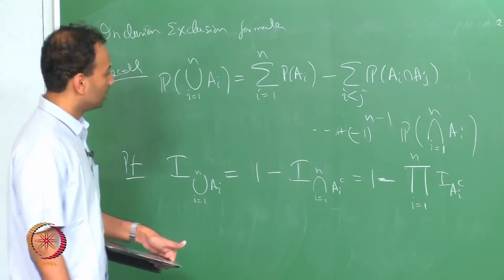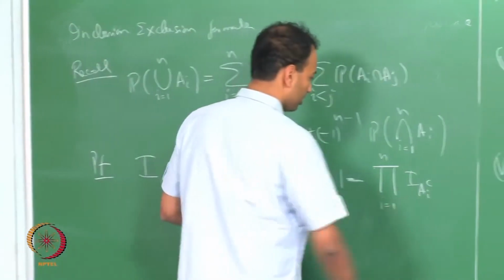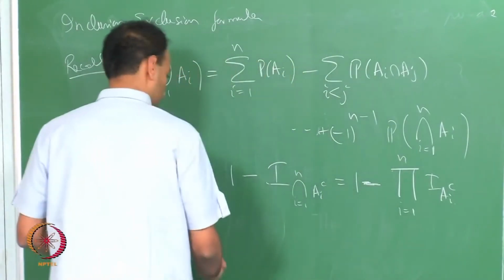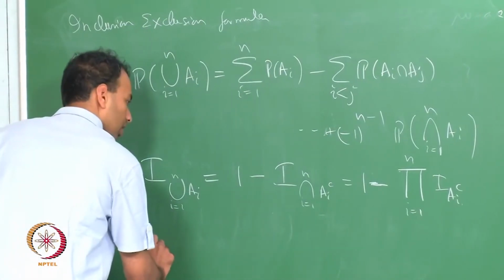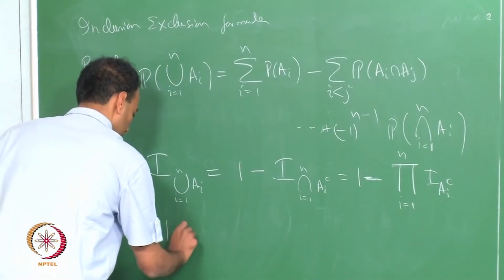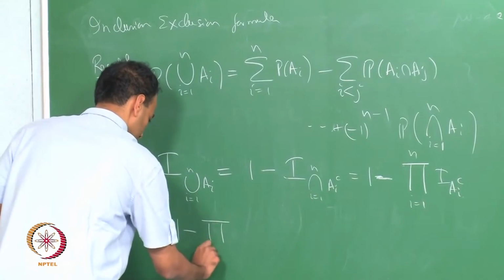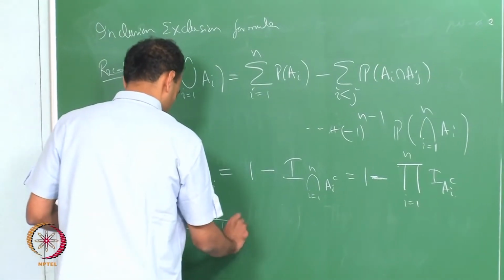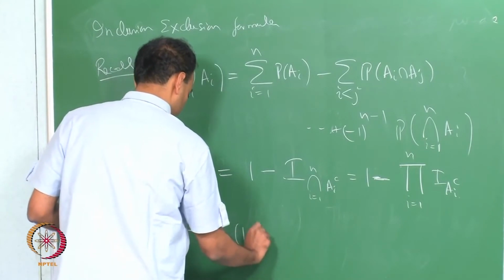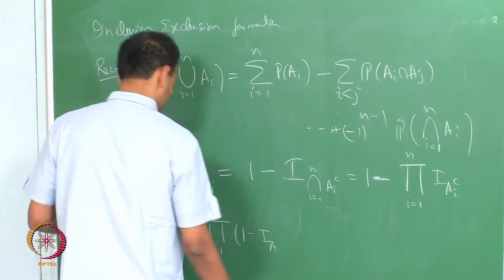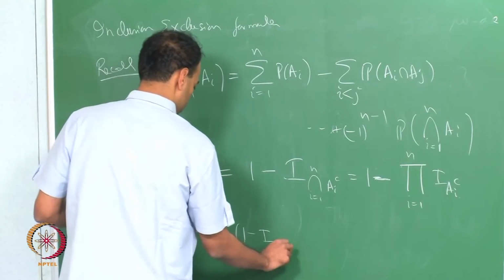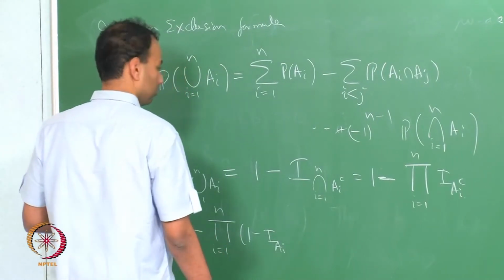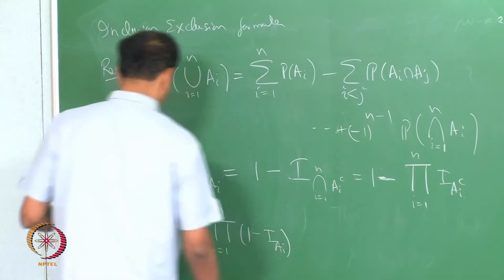Now, the indicator of A_i complement is 1 minus the indicator of A_i, right. So, I am going to write this as 1 minus the product of one minus indicator A_i, agreed.